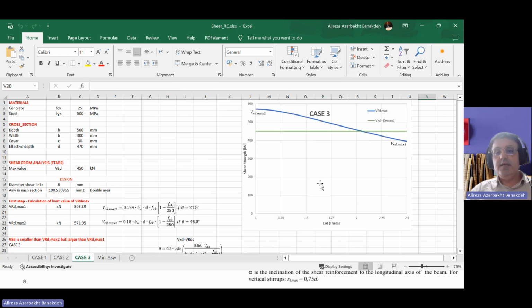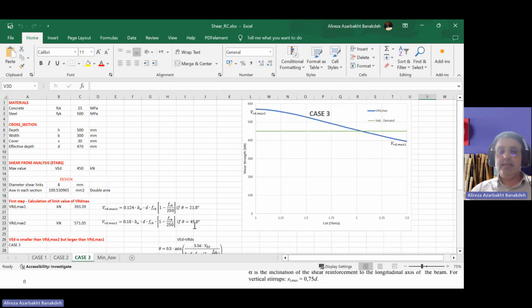In case 3, it can be somewhere between both of them. These are the three cases that potentially you can face, and there cannot be any other cases when you compare a single value which comes from ETABS to these two values, Vmax 1 and Vmax 2.